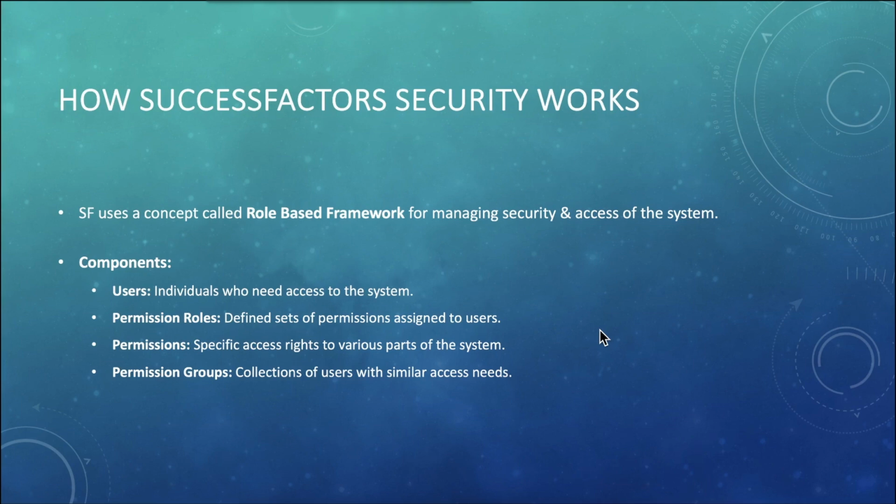All of these HR admins will have a similar access need. They will need similar roles to perform their duties. So you can group those 5 people in a group called HR admin, and then that group can be assigned a role. So permission groups and permission roles are the key components of this role-based permissions framework.